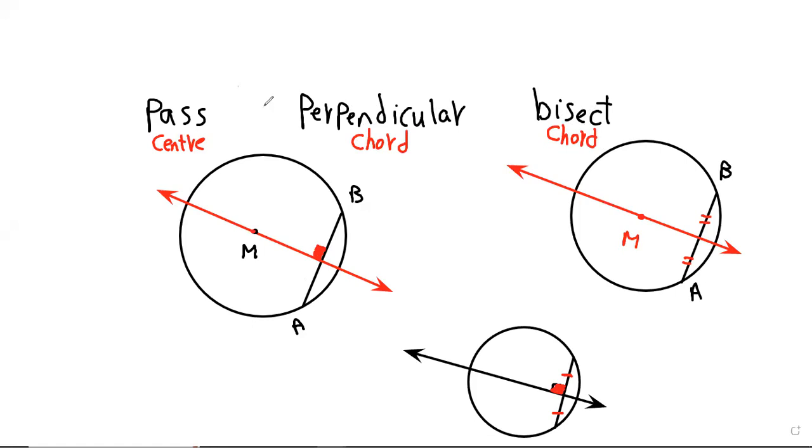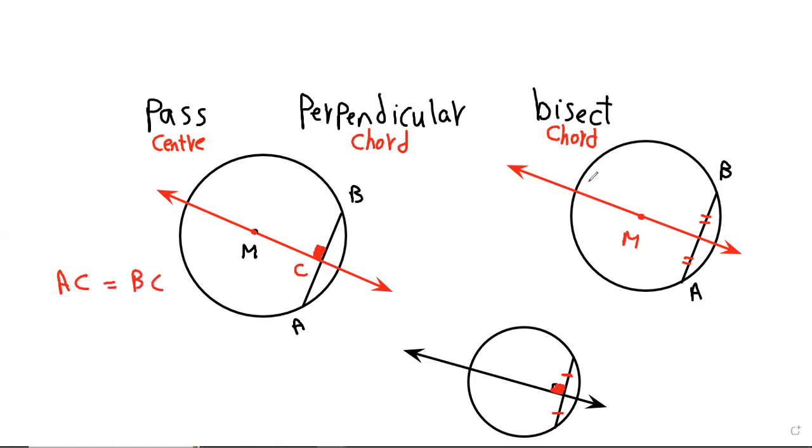So here we have a straight line passing through the center of the circle M and drawn perpendicular to the chord AB. So this straight line bisects AB. So you'll find AC in this case is equal to BC.